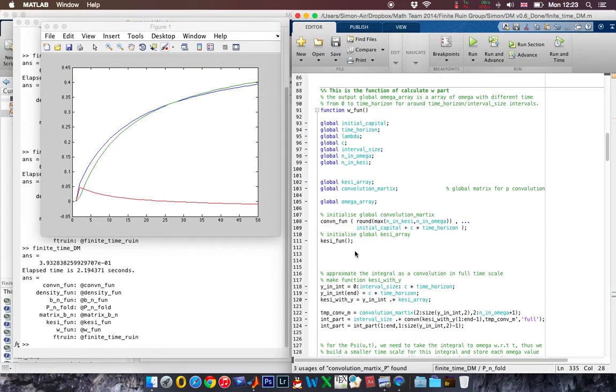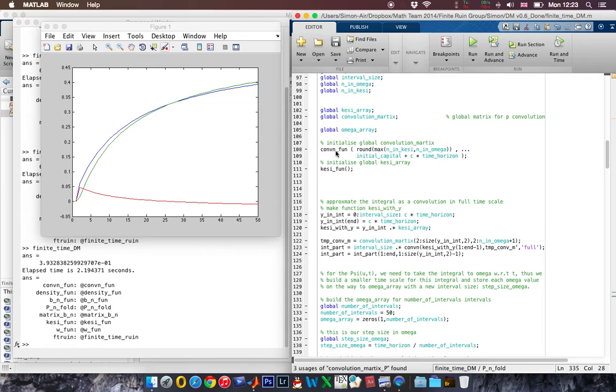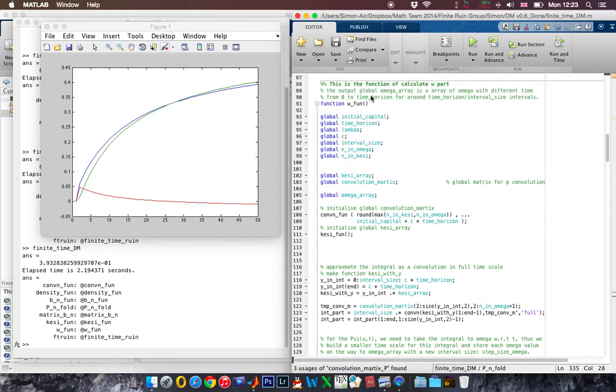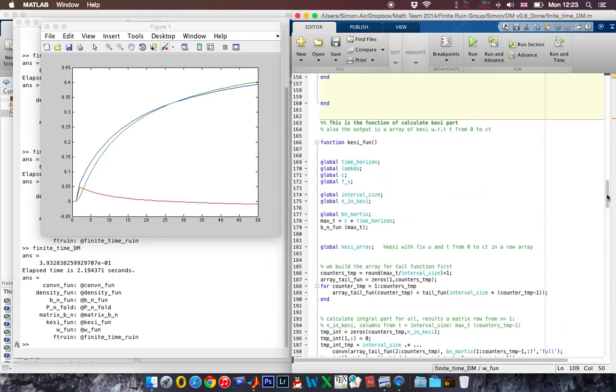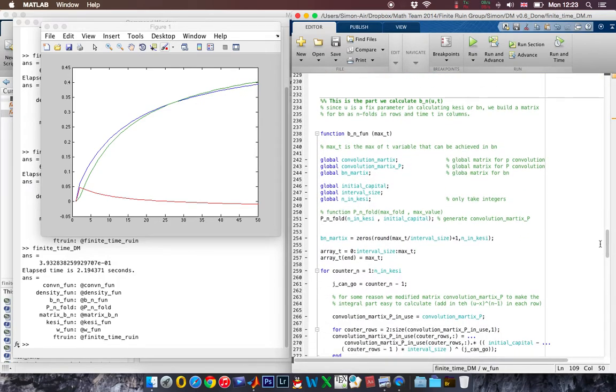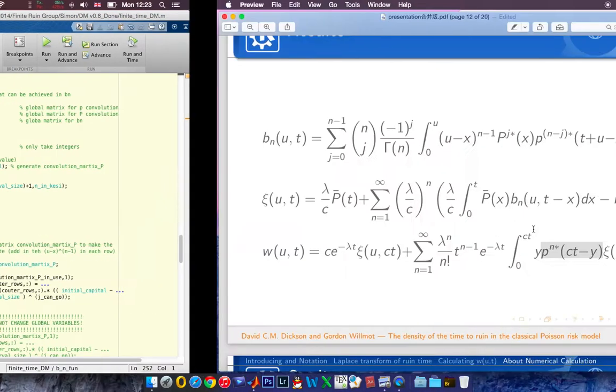So I initialized this convolution function in the W function, and it already stores this global variable convolution matrix in memory. And when we calculate the Bn part, we still need the capital P matrix, which I generated in this command.